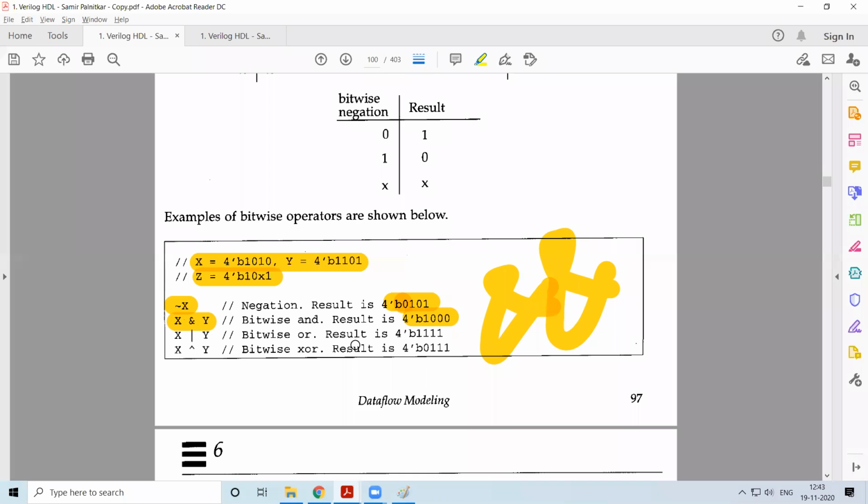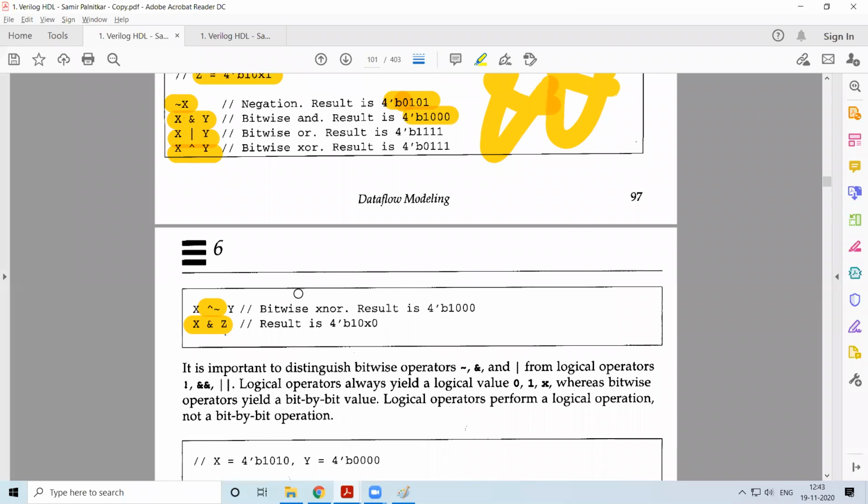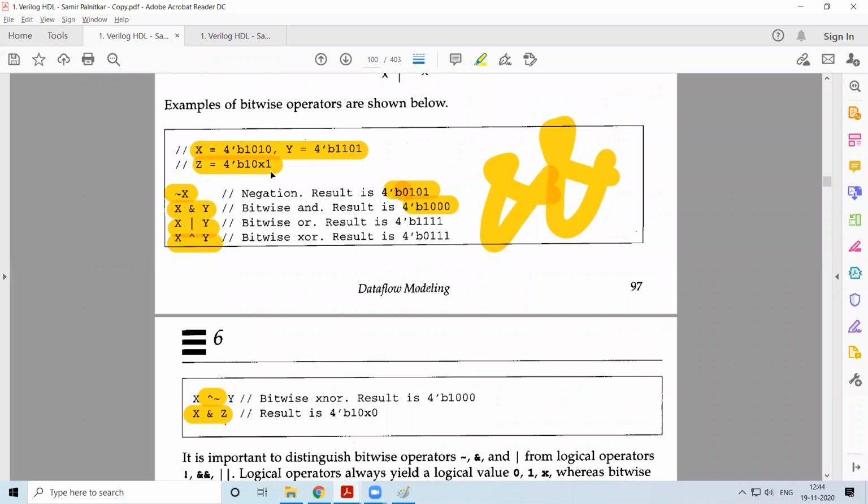This is performing ORing operation bit by bit. This is performing XORing operation bit by bit. Now one thing to note here is that you're doing an XNOR operation between X and Y. The last one, if you just observe, is X and Z. Now in Z, what has happened?